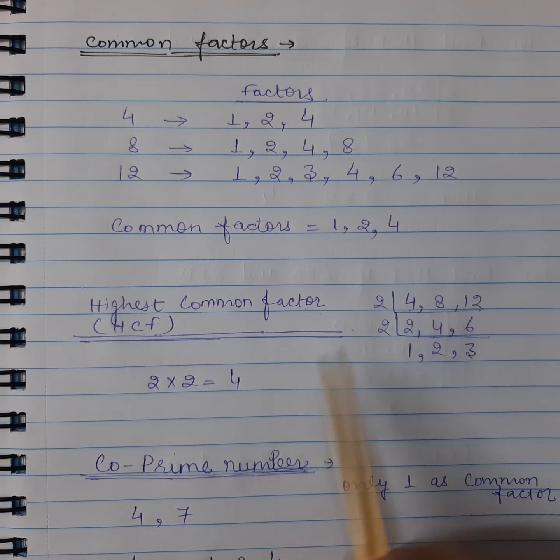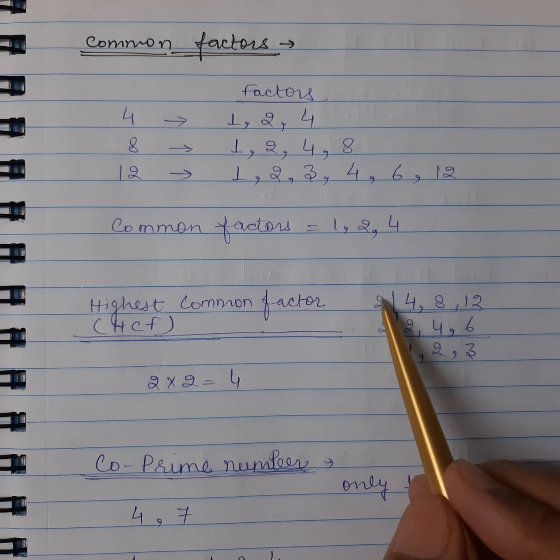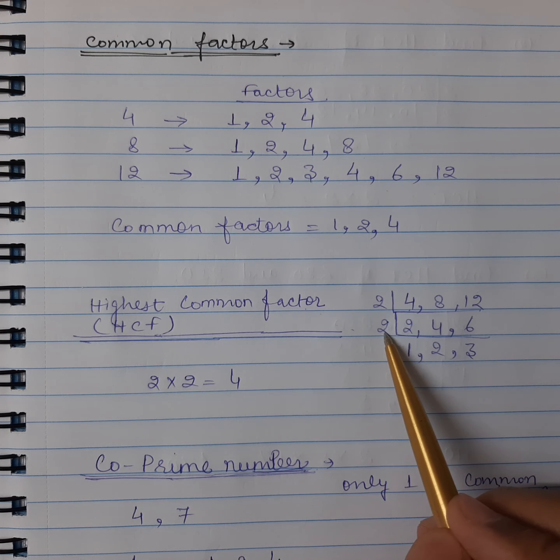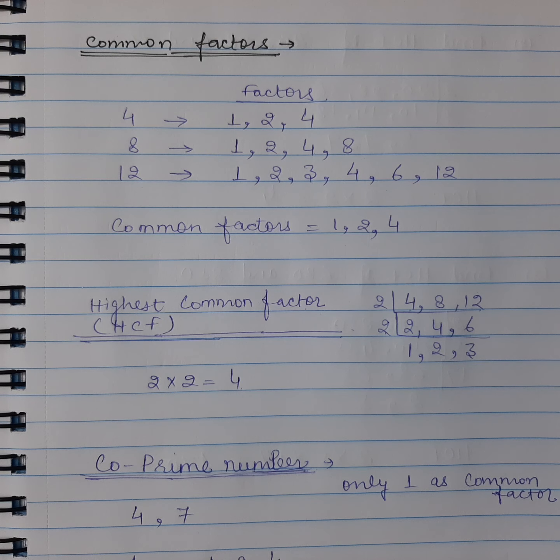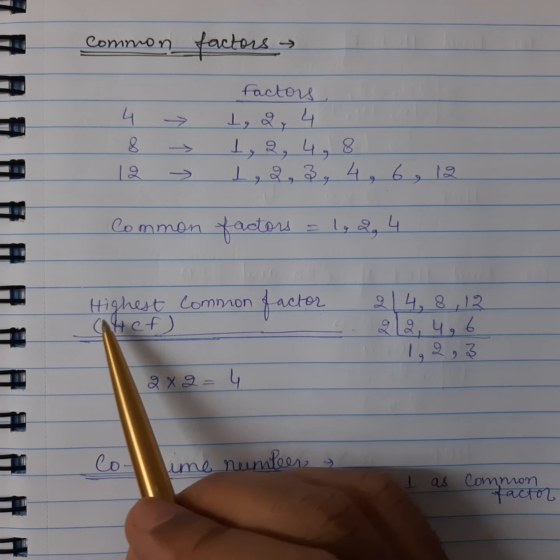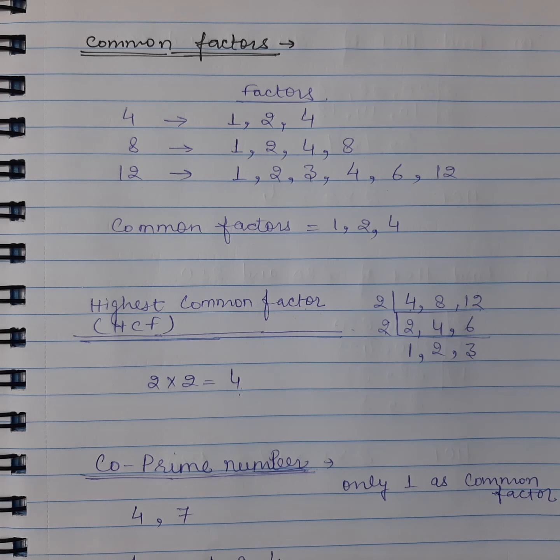We find the highest common factor by multiplying the factors, 2 multiplied by 2, which is 4. So 4 is the highest common factor.